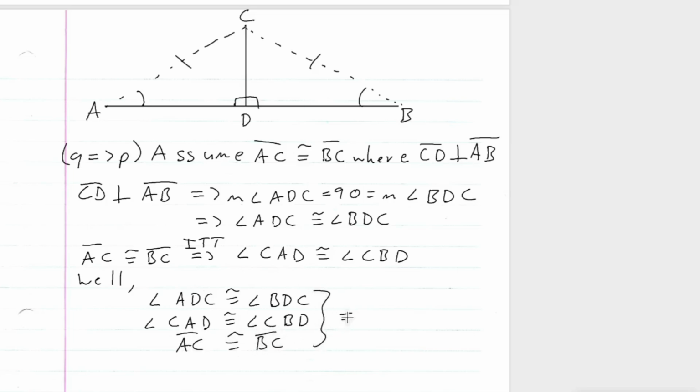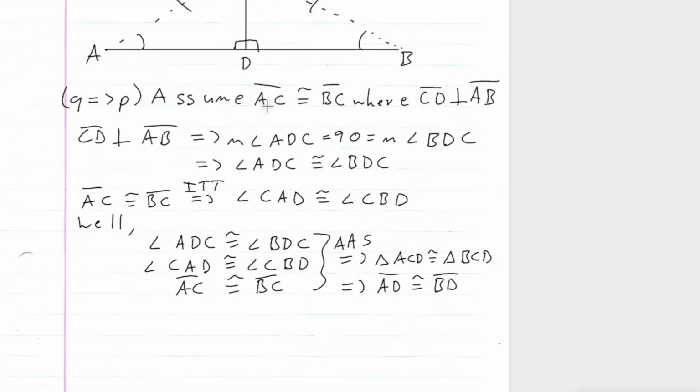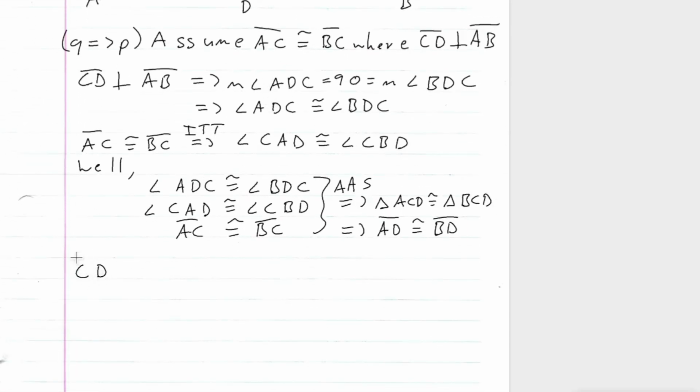So these three things together imply by angle, angle, side, that triangle ACD is congruent to triangle BCD. And if these two triangles are congruent, of course, that means AD is congruent to BD, right?